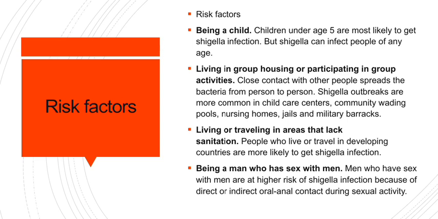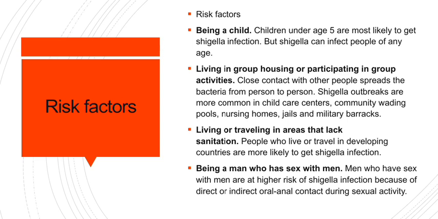Risk factors. Being a child: children under the age of 5 are most likely to get the Shigella infection, but Shigella can infect people of any age. Living in group housing or participating in group activities, and close contact with other people who are infected: Shigella outbreaks are more common in child care centers, community bathing pools, and nursing homes.